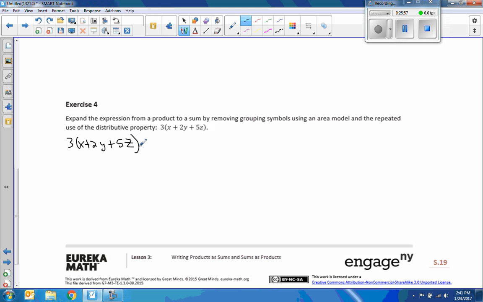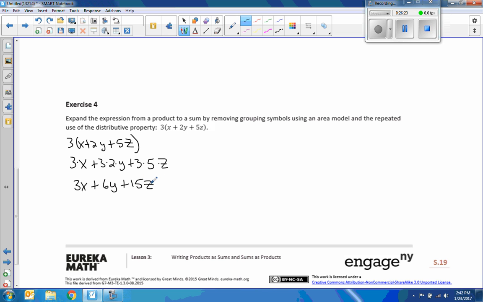And then show 3 times x plus 3 times 2 times y plus 3 times 5 times z. 3 times x is 3x. 3 times 2 is 6 times y. 3 times 5 is 15z.